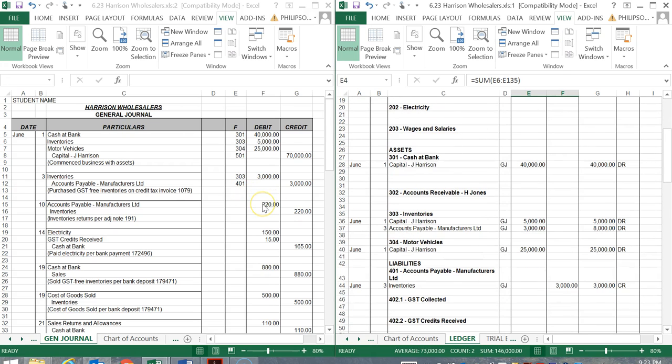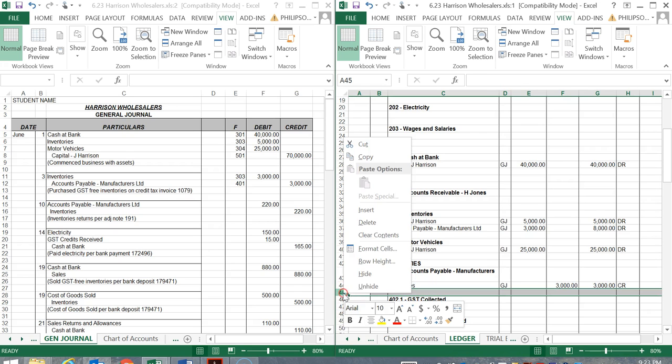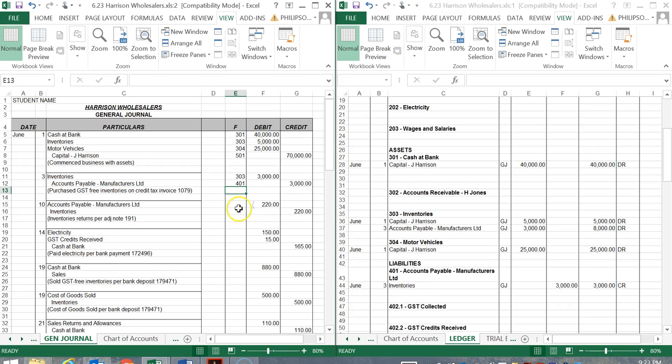Okay, now we need to reduce our Manufacturers Limited because we sent some stuff back. So on the 10th, we're reducing, sending 220 debit.